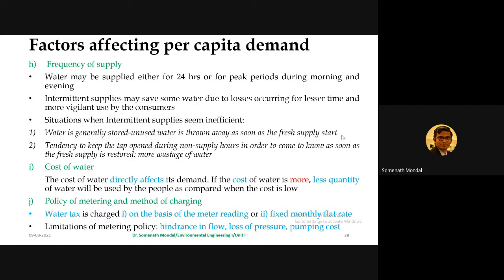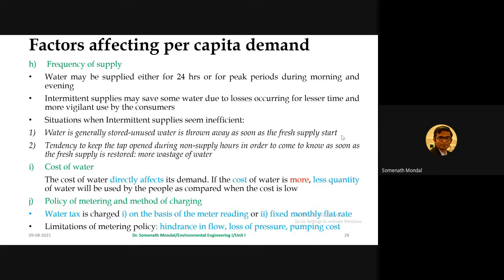Now, intermittent supplies may lead to some saving in the water consumption due to losses occurring for lesser time, and a more vigilant use of water by the consumers. But what happens is, in many places, at least in our country, people have a tendency to store that water since they are getting the water intermittently.